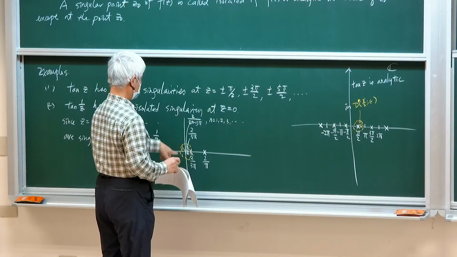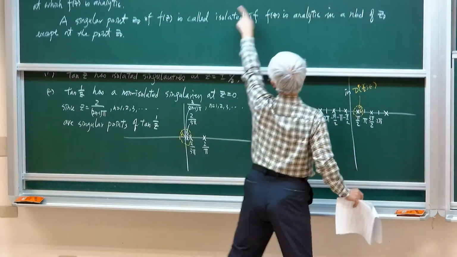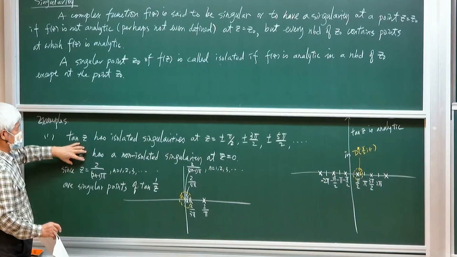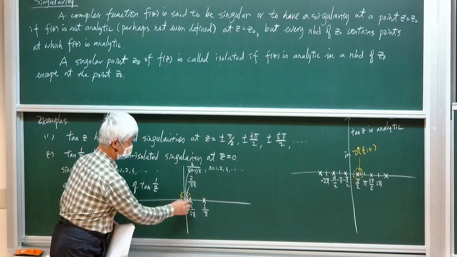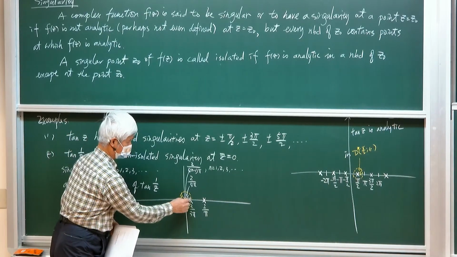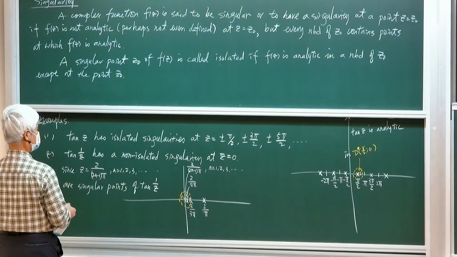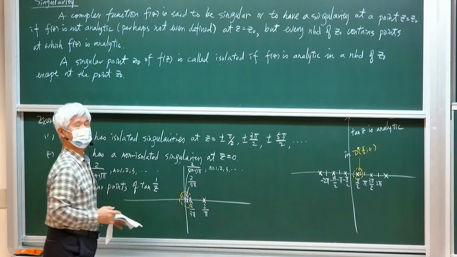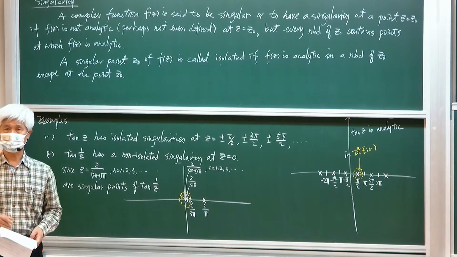But at every neighborhood there is a point at which this complex function, tangent of 1 over z, is analytic, because that is still a discrete point there. So you have a singularity, of course, but it is not isolated. Any questions?